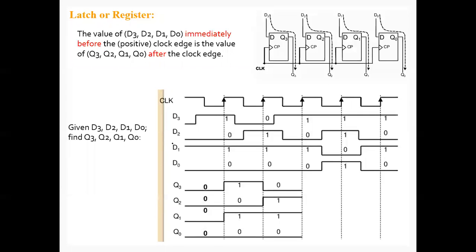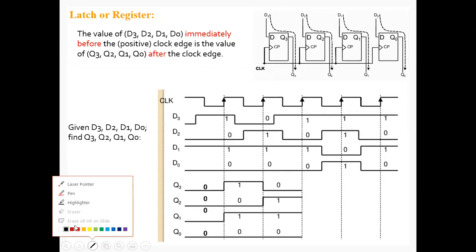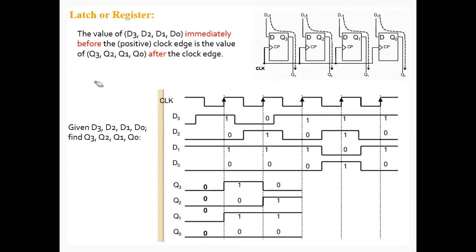So what did I say? It transfers the value after the clock edge. Let me write this down. This is very important. The output after the trigger equals the input immediately before the trigger.